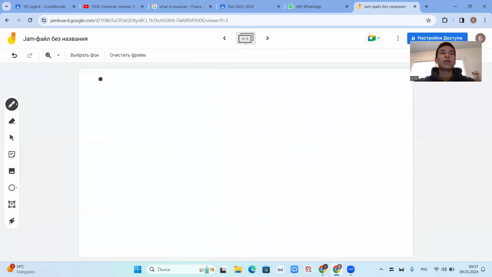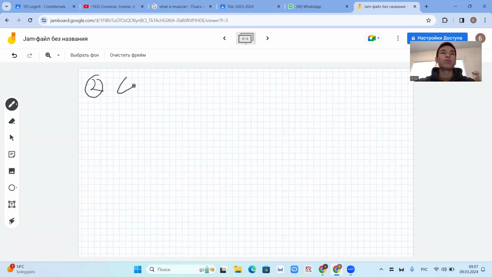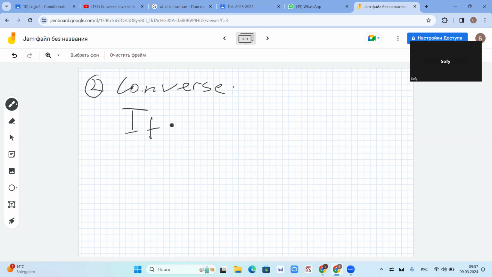Как мы можем взять contrapositive form? Нет, не contrapositive, второй был converse. Давайте пройдем converse по порядку. Do you remember what the converse was? Yes, we flip around P and Q. So if you live in Lazio, then you live in Rome.